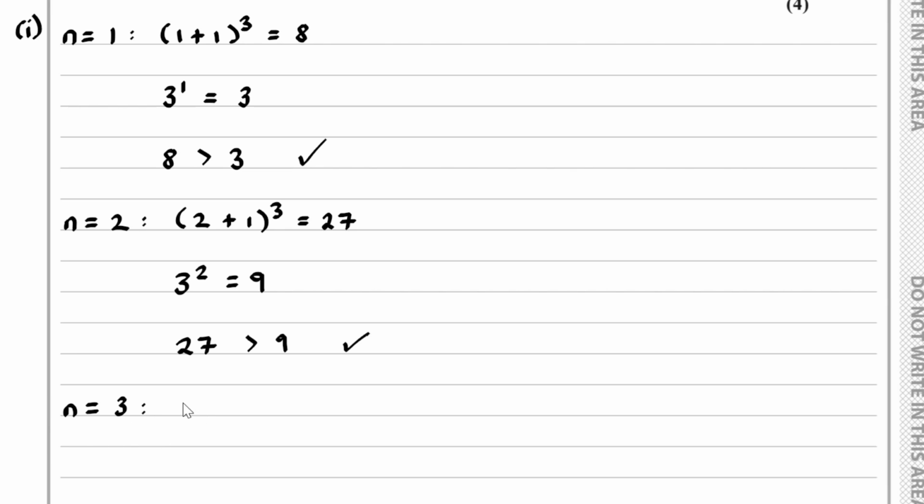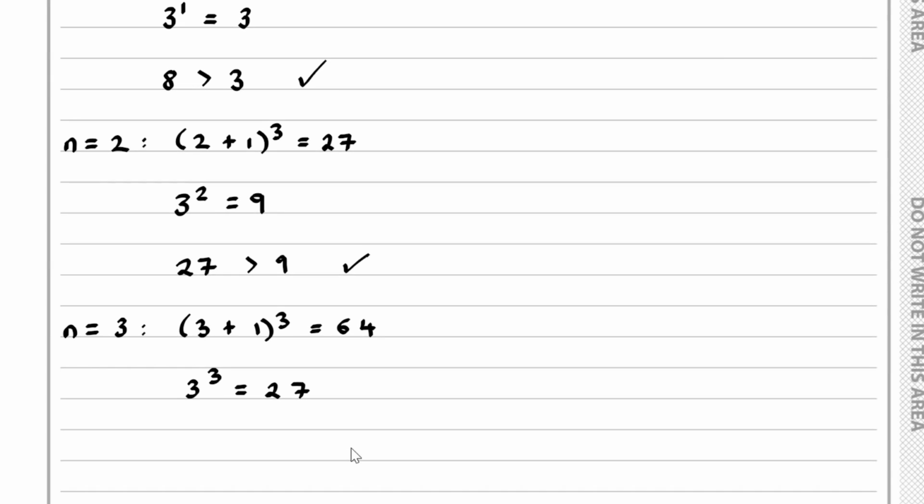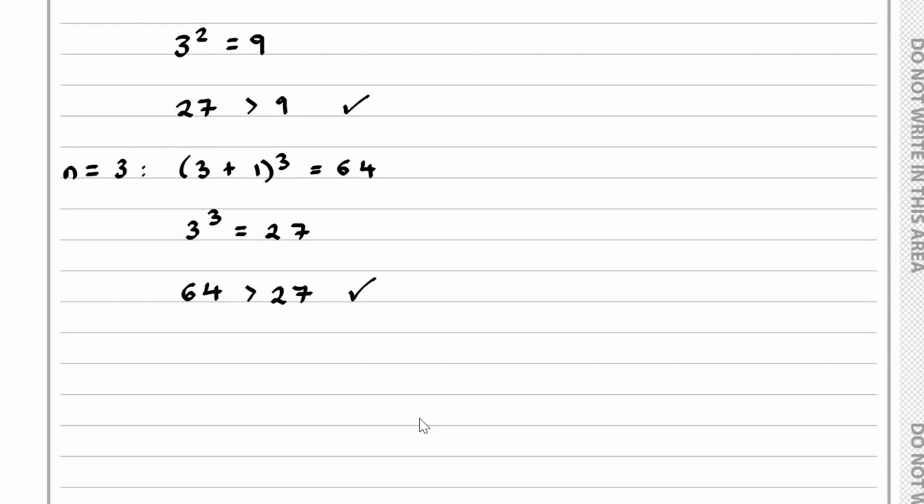When n is 3, we've got 3 plus 1 cubed, which is 64. On the other side, we've got 3 to the power of 3, which is 27. We see that 64 is greater than 27, so the statement is true in this case.